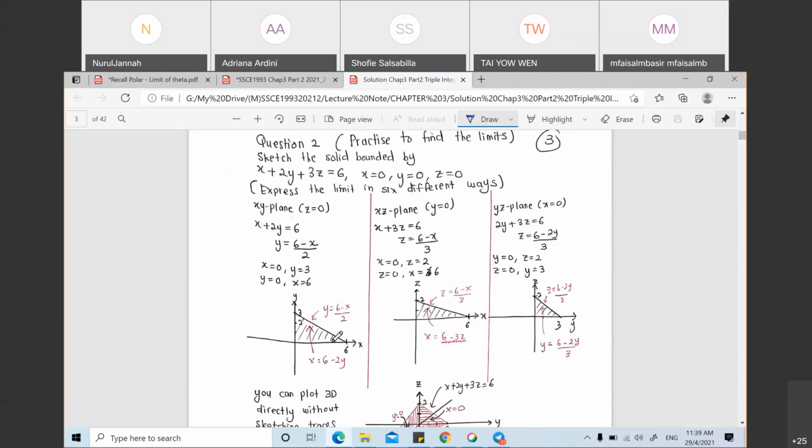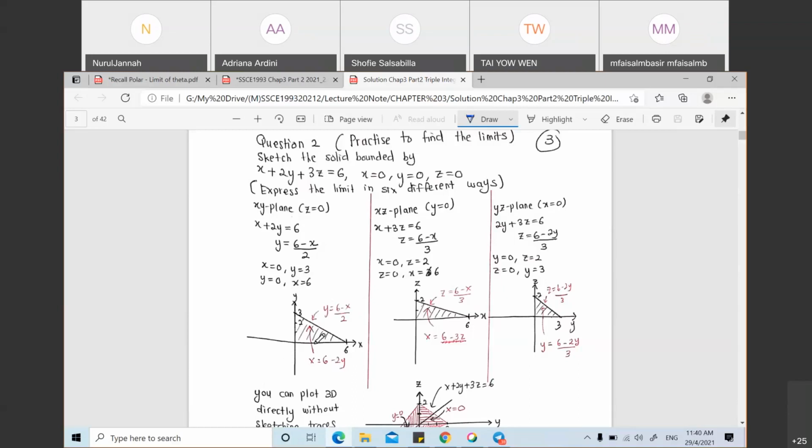So the upper part here is y equals to (6 minus x) over 2. Or you can write x equals to 6 minus 2y. This is just algebraic manipulation, because you can use type 1 or type 2 here.